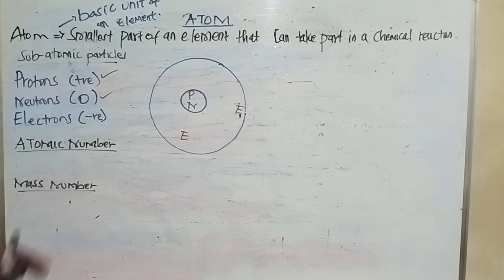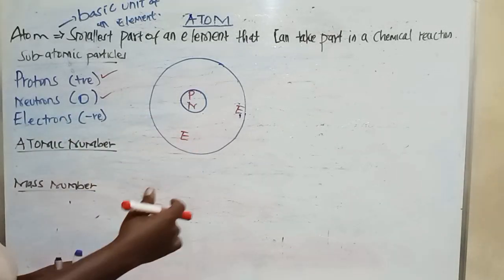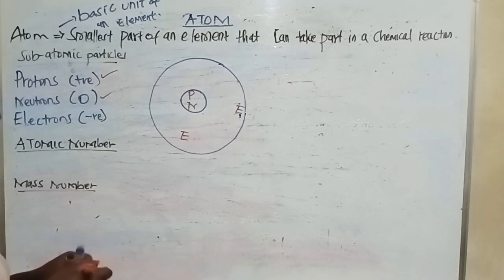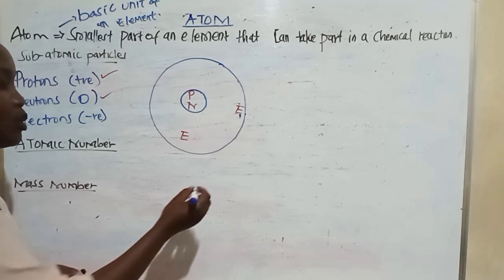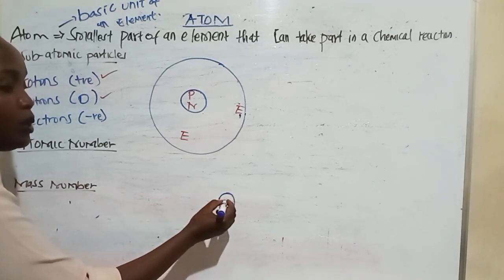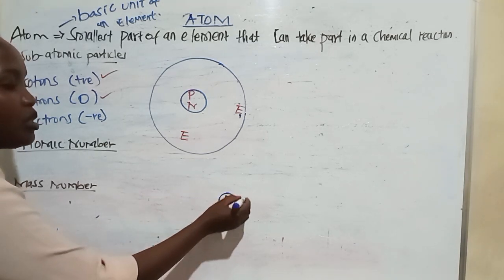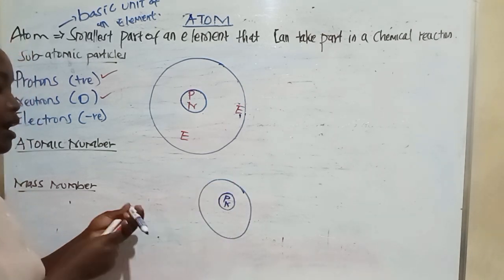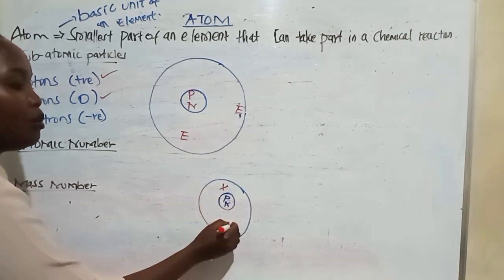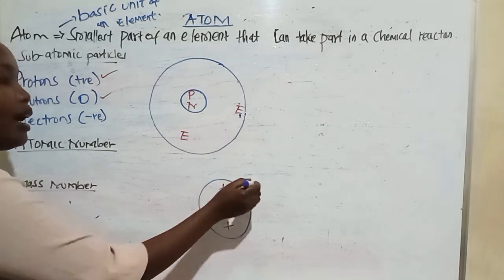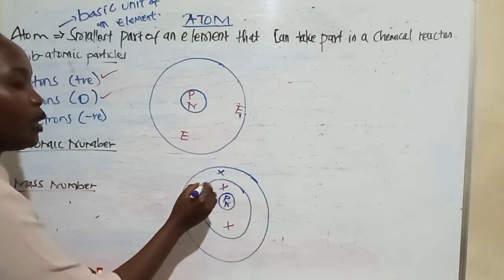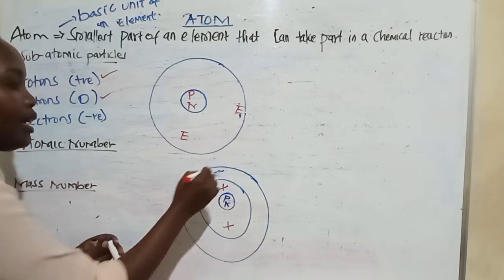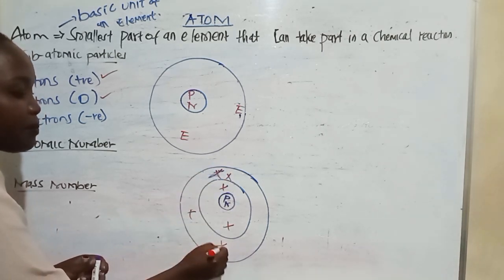Depending on the number of electrons in an atom, you can have a different number of energy levels. So you can have an atom looking like this. For example, this is the nucleus, where we have protons and neutrons. You can have the first energy level with electrons there, and a second energy level with electrons also being here.